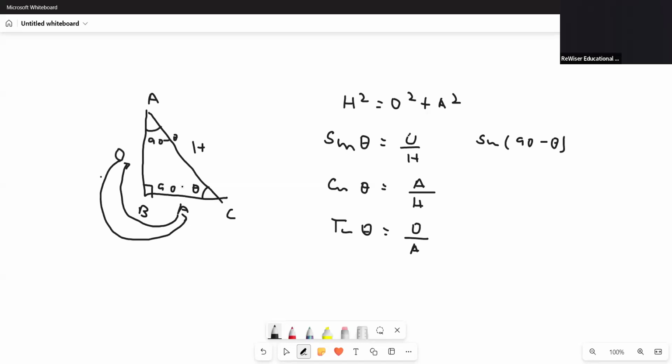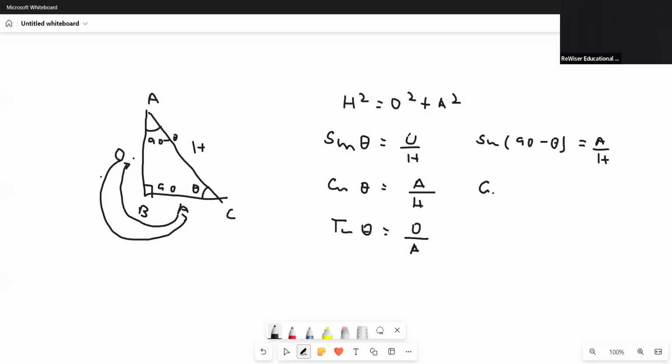If I'm writing sine theta in this case, it should be O by H. Since this became A and this became O, and they have been interchanged, it should be A by H in that case.